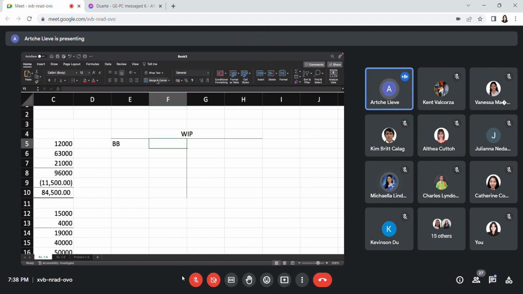So you have here your work in process. Beginning balance is 10,000. Ending balance is 21,500. So that is what happens. So if you are to look at the balances only, how much is the difference?